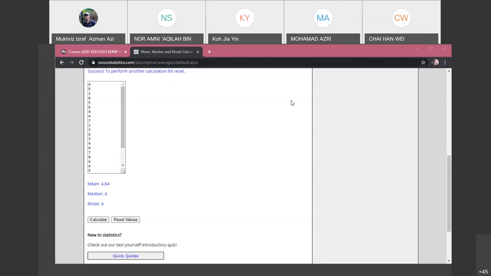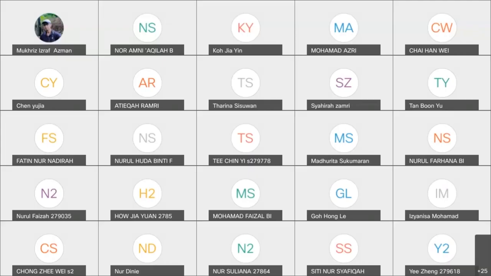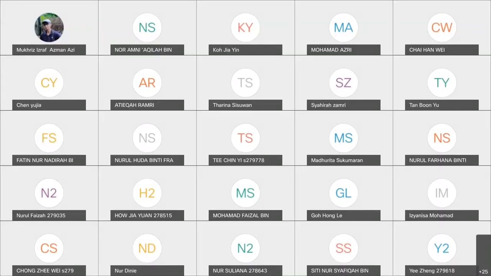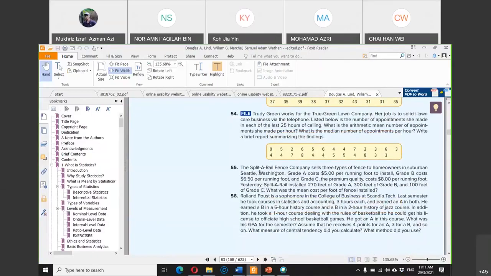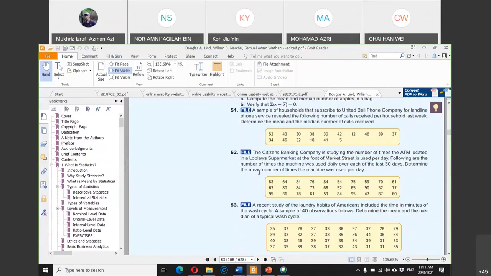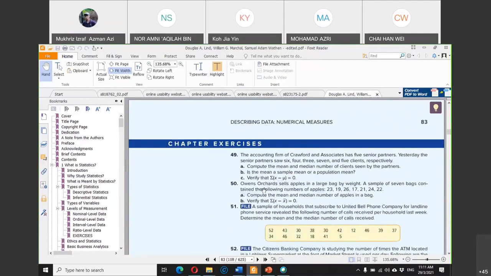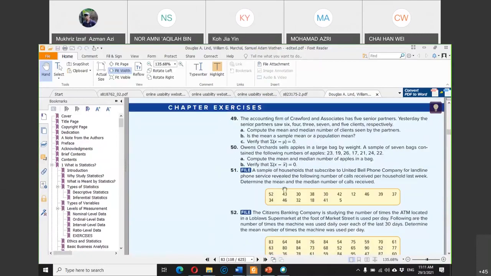So anything in the chapter exercise that is an odd number, for example question 51, you can go to the answers at the back for chapter 3.